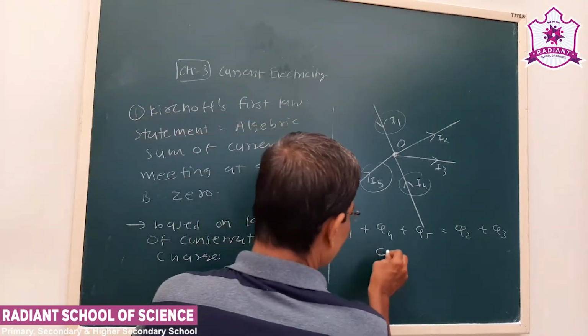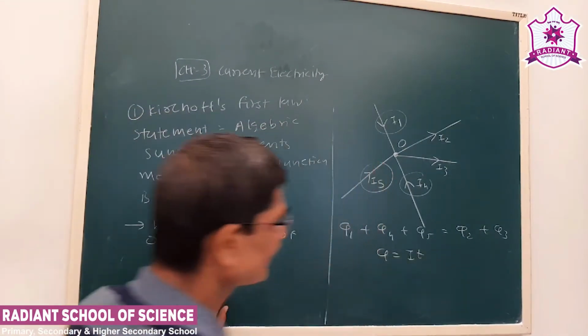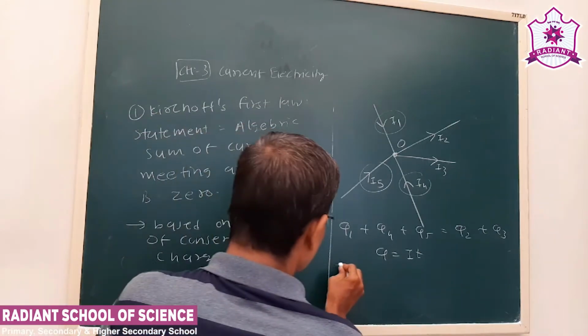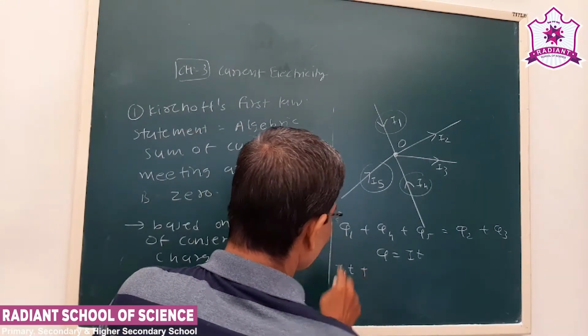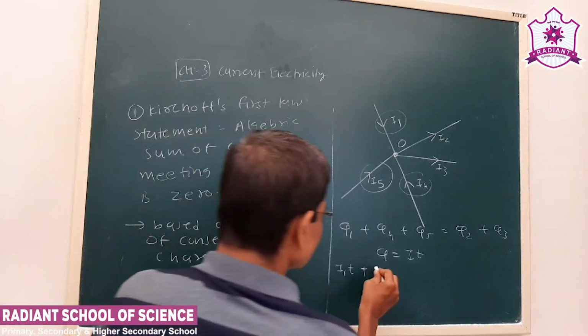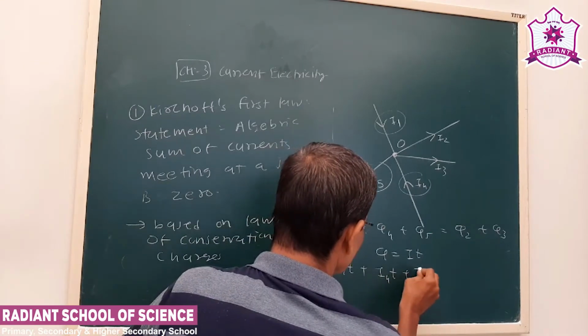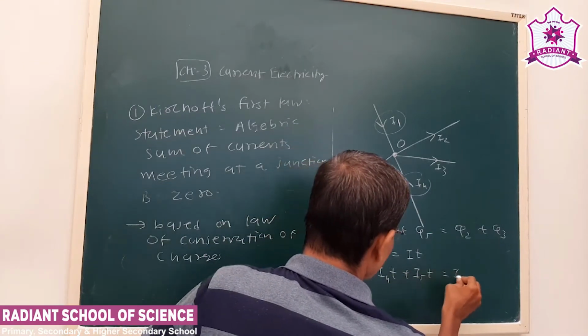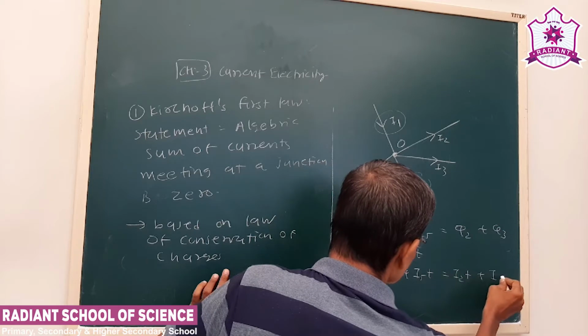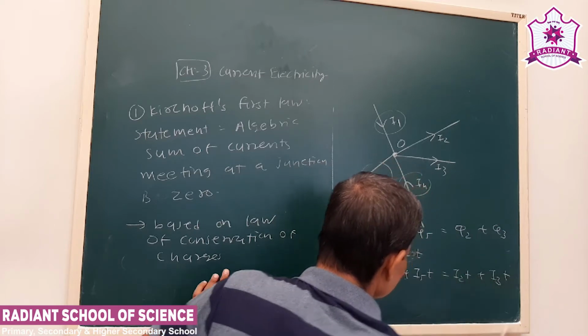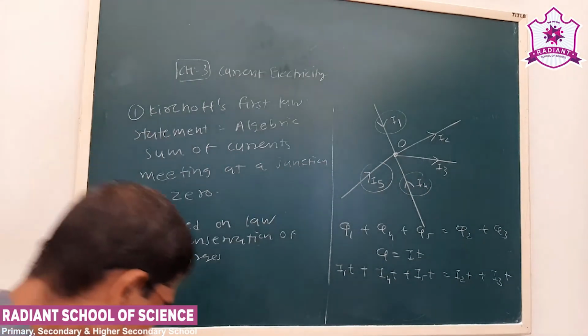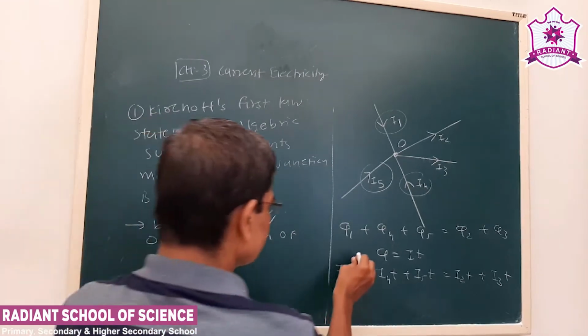Now we know the formula Q is equal to IT. So in a given time, this Q1 charge forms current I1, Q4 forms I4, and similarly. T is common in all the terms.